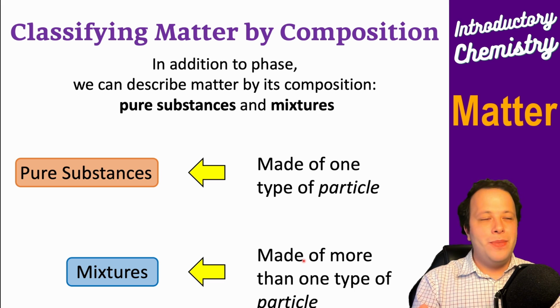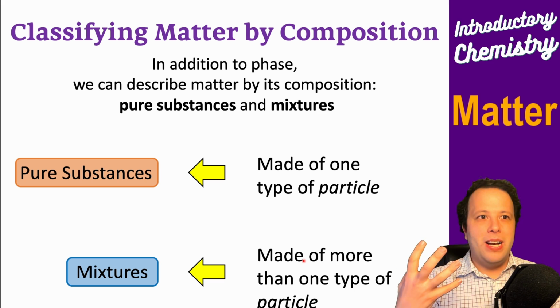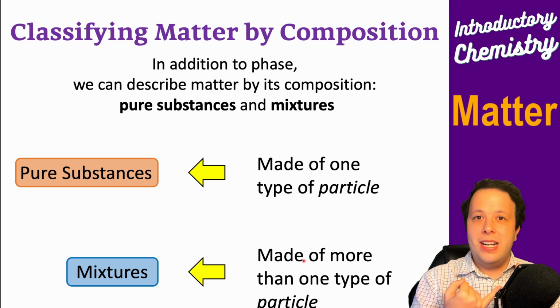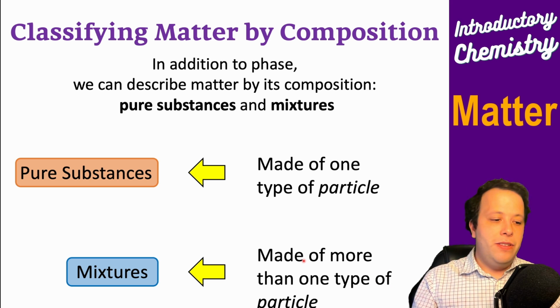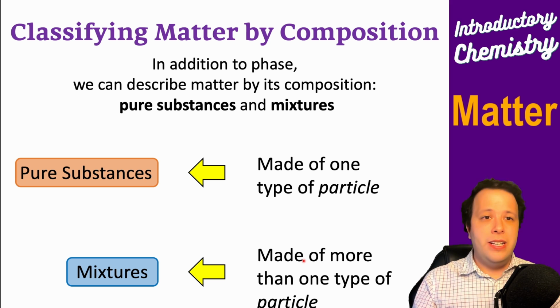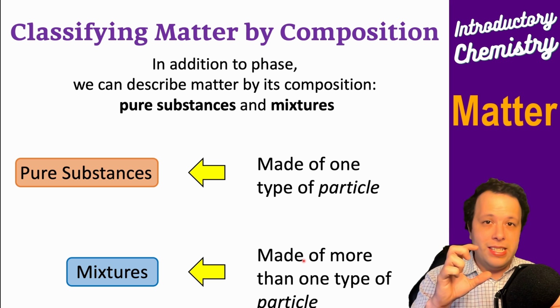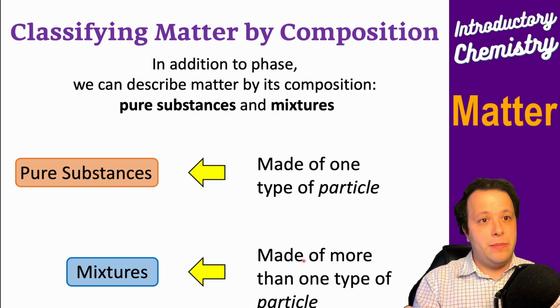If you had air, for example, air has oxygen, nitrogen, and many other gases. That would be a mixture. Now, if you take your salt shaker and there's only sodium chloride inside of it, that would be a pure substance.